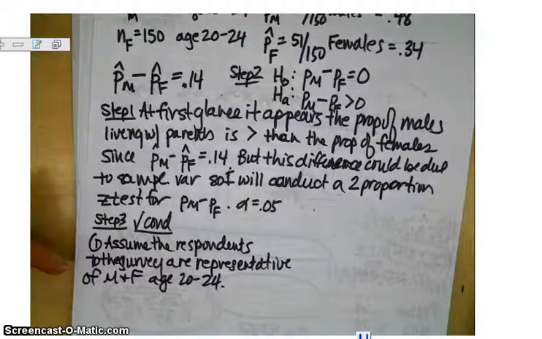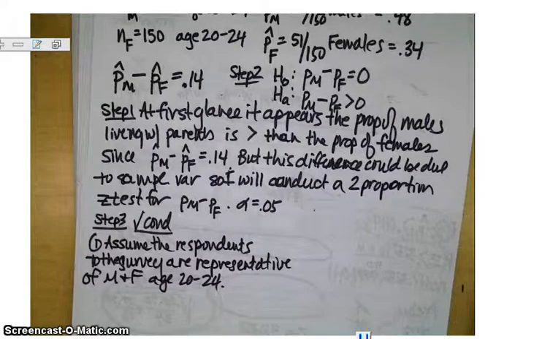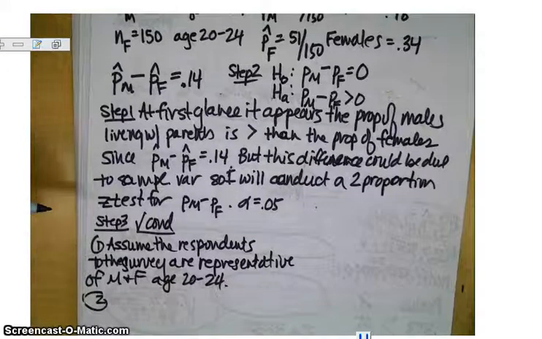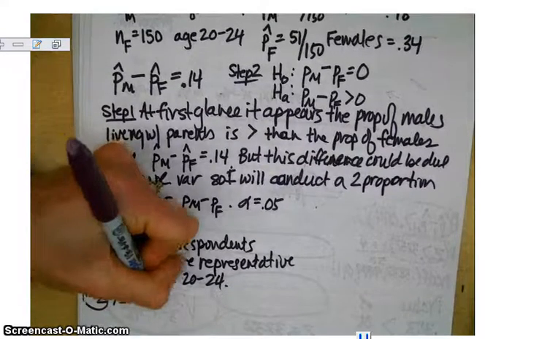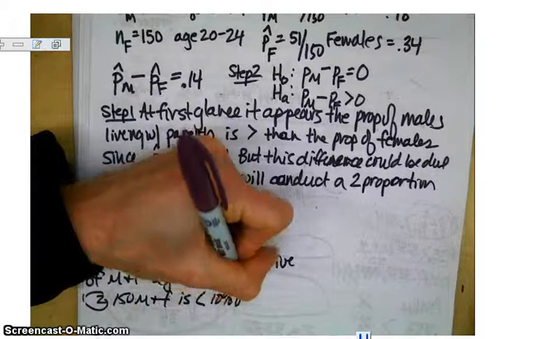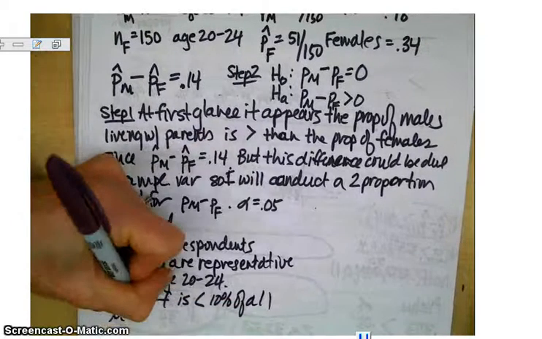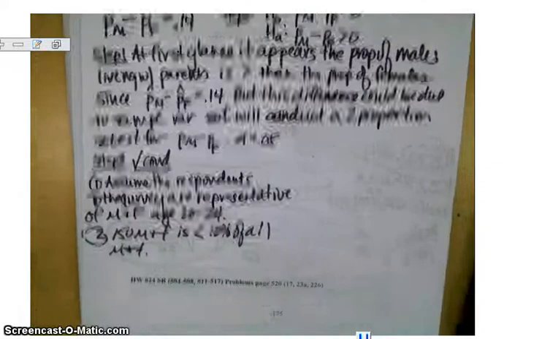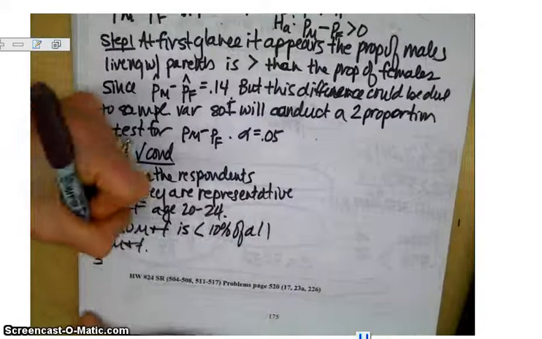This is actually a better thing to do than assuming it's a random sample, is assuming that it's representative of the desired population. Condition number 2 is 150 males and 150 females is less than 10% of all males and females.